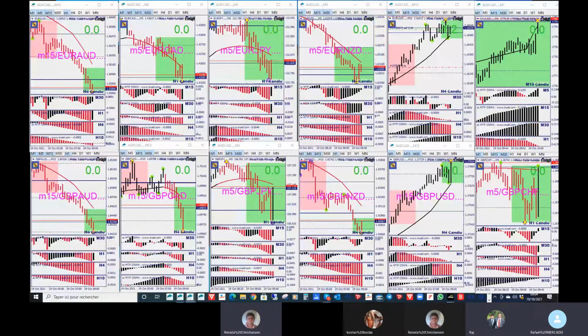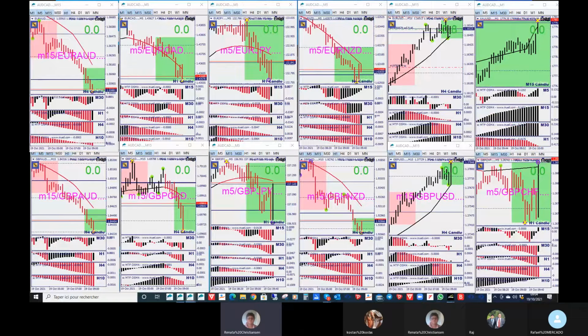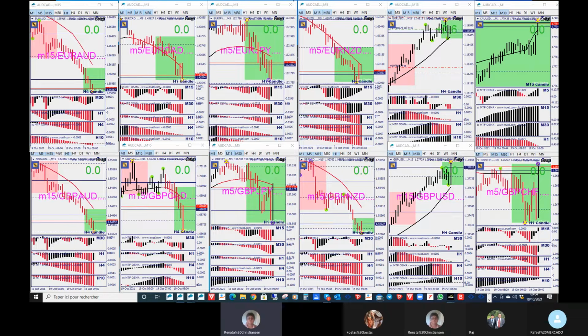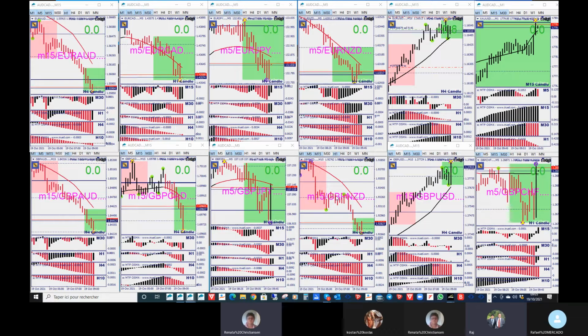Dollar is the weakest in the currency. We will have a big spike in Swiss. Got out of my yen pairs too quickly.